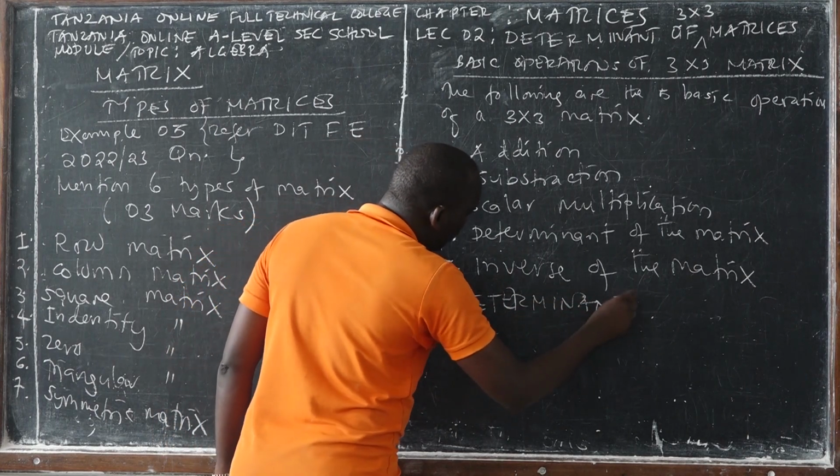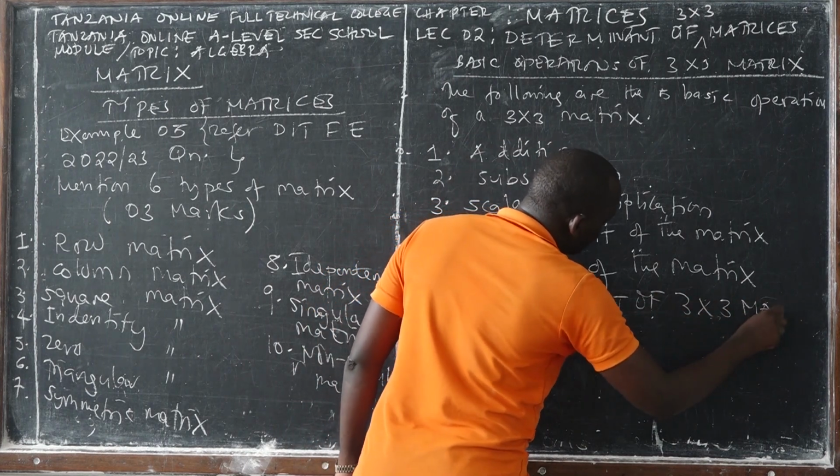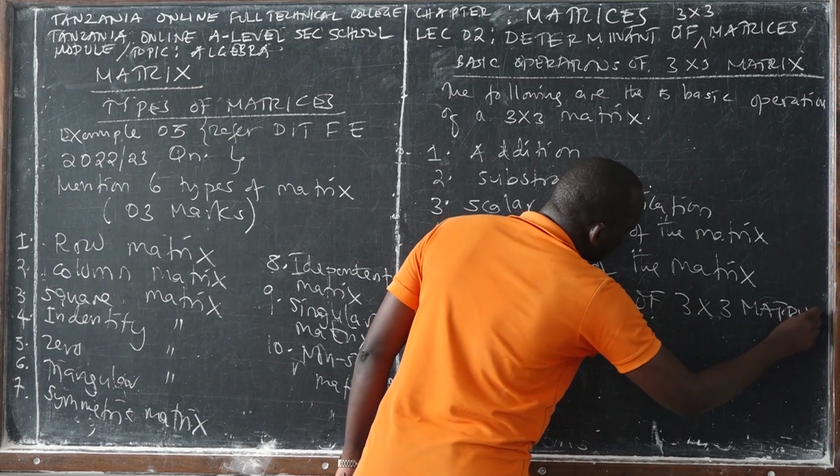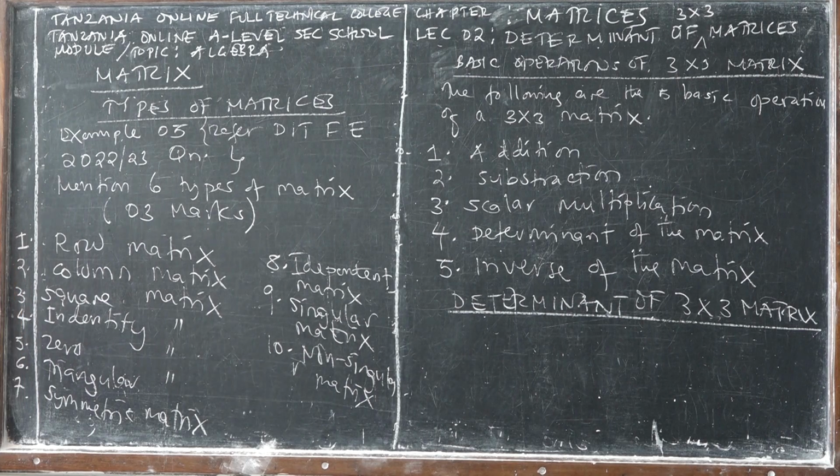Determinant of 3 by 3 matrix. So what do you mean when you say determinant? This is a very important operation that we need to know in a matrix, so that we may also find the inverse operation.